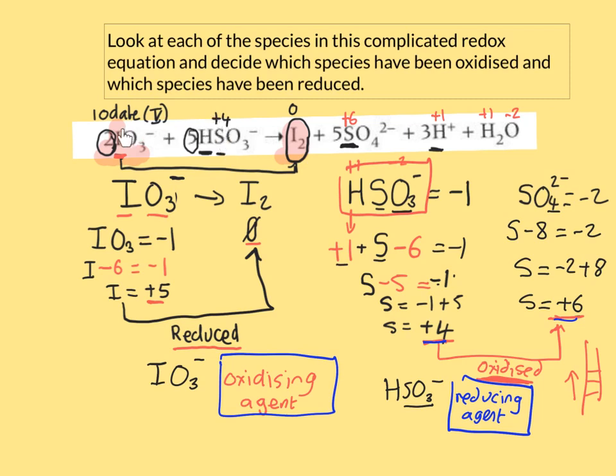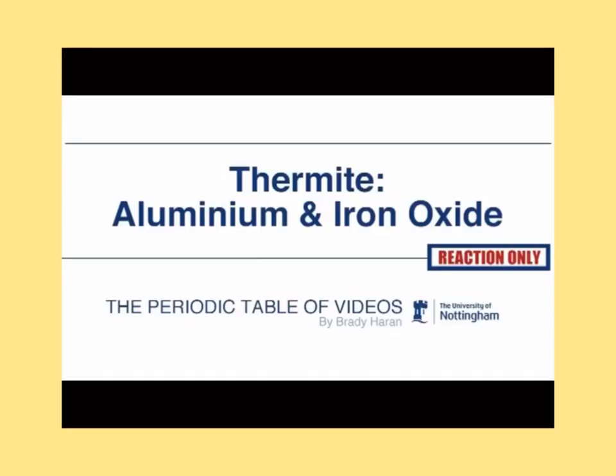So the oxidizing agent and reducing agent always appear on the reactant side, always on this left-hand side. Where you've got an oxidizing agent, you will always have a reducing agent. So look at this short video clip and let's decide which species has been oxidized, which is reduced, which is the oxidizing agent, and which is the reducing agent.